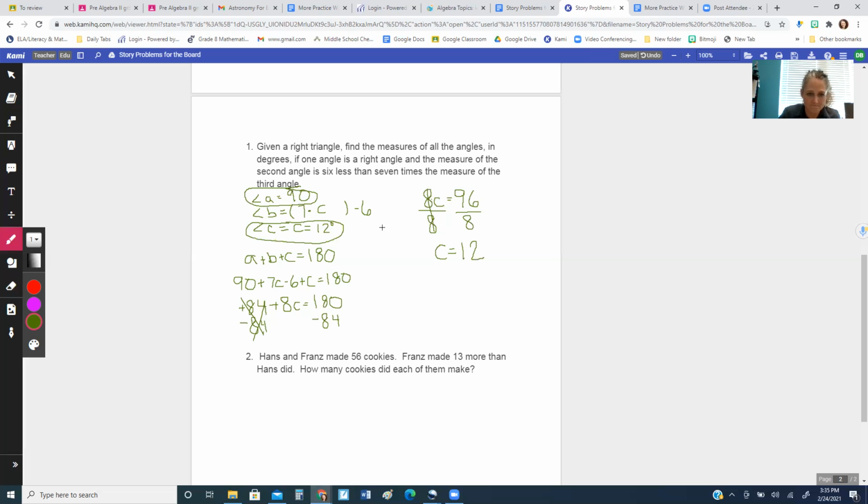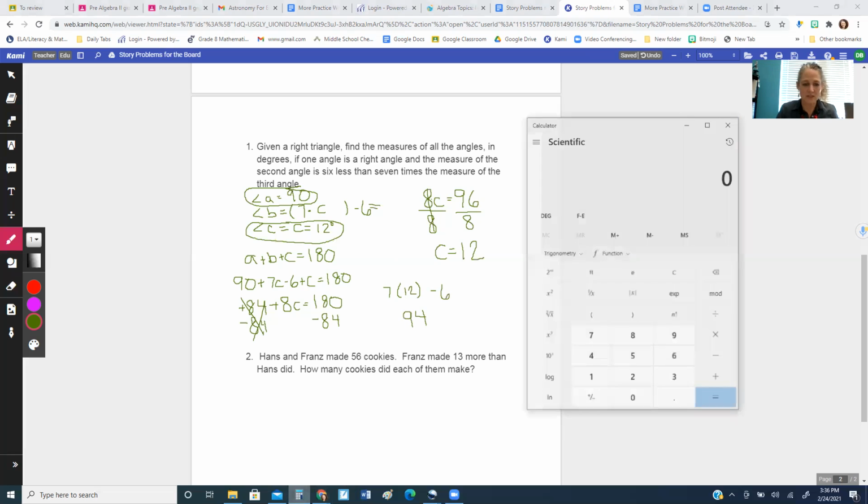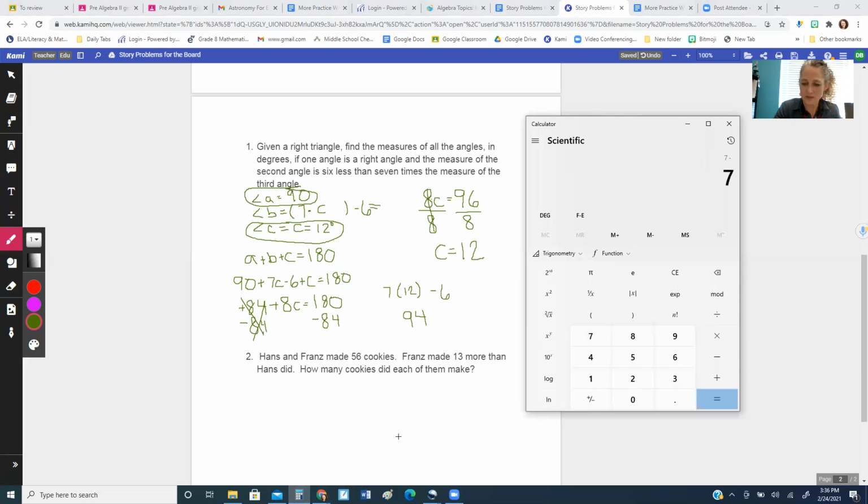Let's figure out B. It's 7 times C minus 6. Well, I know that C is 12. So 7 times 12 minus 6. So 7 times 12 is, I'm pretty sure it's 94. I'm going to double check just to be certain. 7 times 12. Oh, that's 7 minus 12.